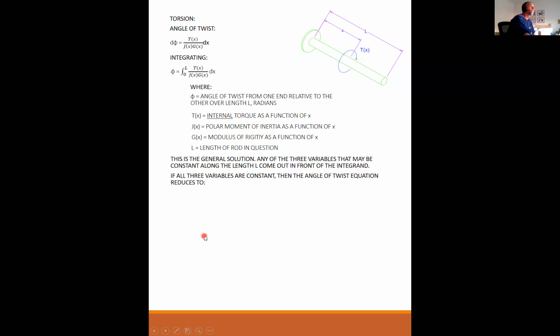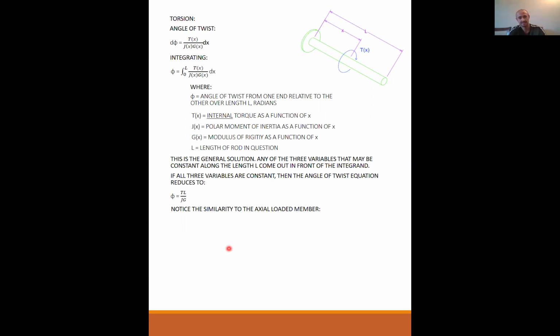If all three variables are constant, at least for segments, then the angle of twist equation reduces to phi equals TL over JG. That's the simplified form from the generalized form, right? And that's what you were just asking about? Yes, thank you.